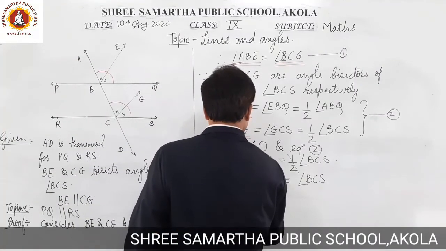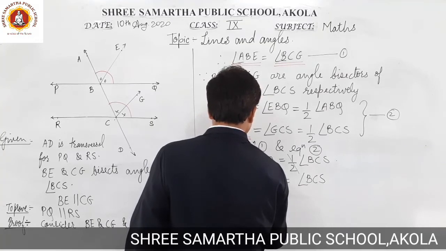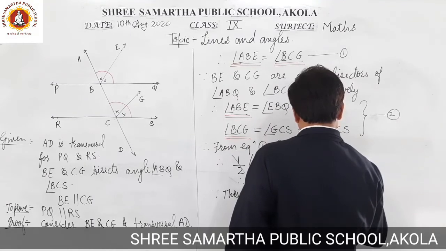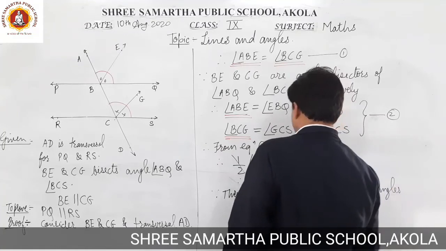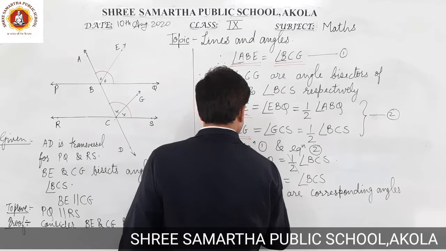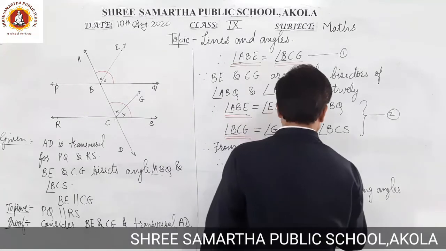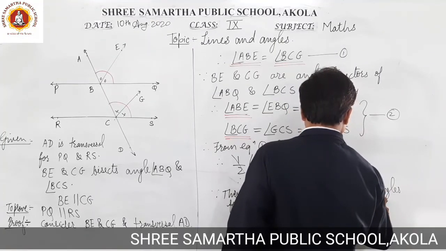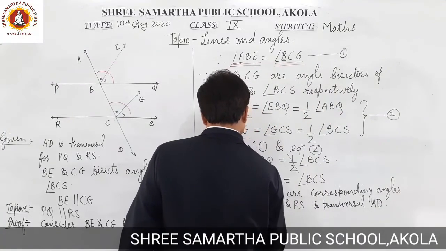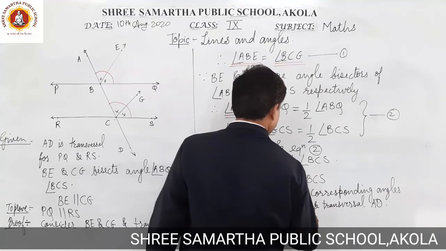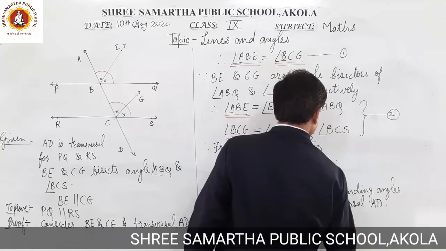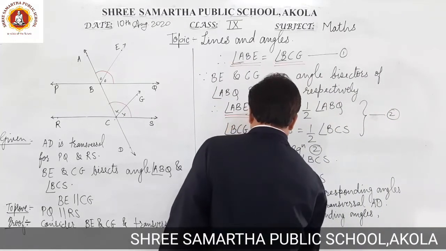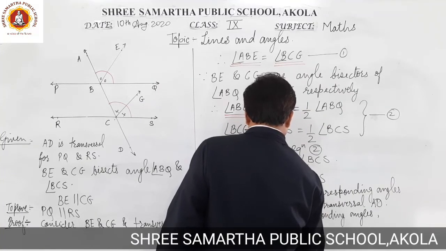Now since these two angles are corresponding angles for lines PQ and RS and transversal AD, therefore by the converse of corresponding angles, we will get line PQ is parallel to line RS.